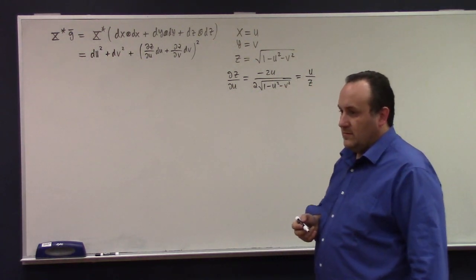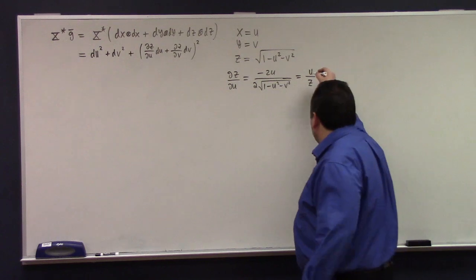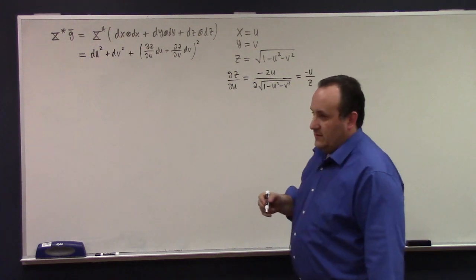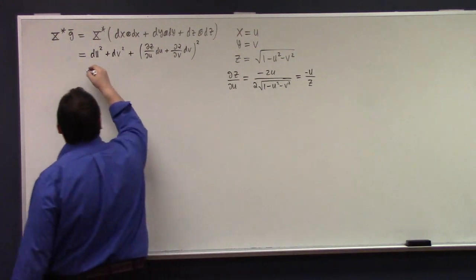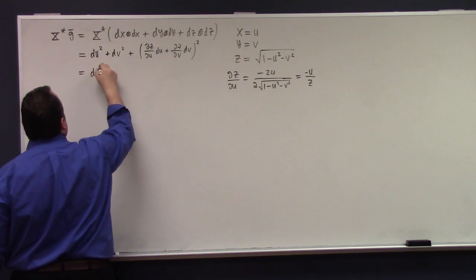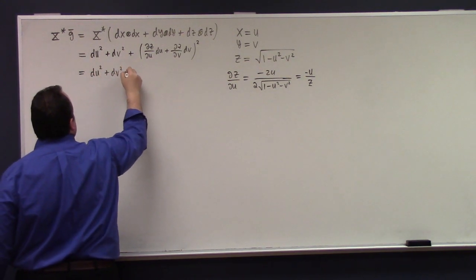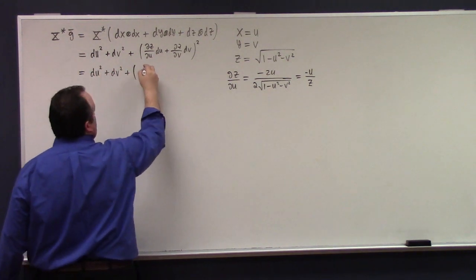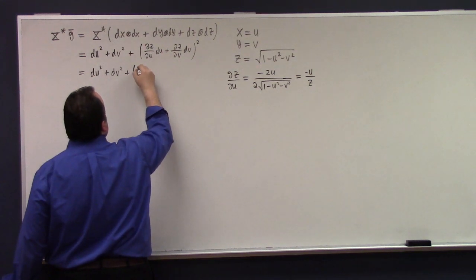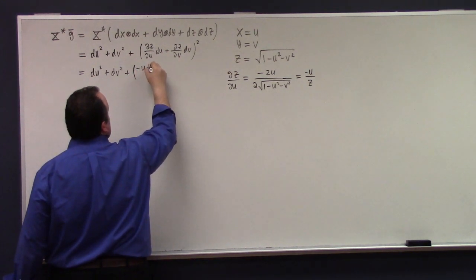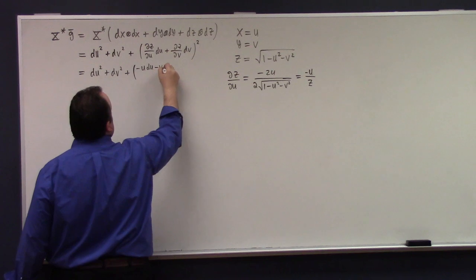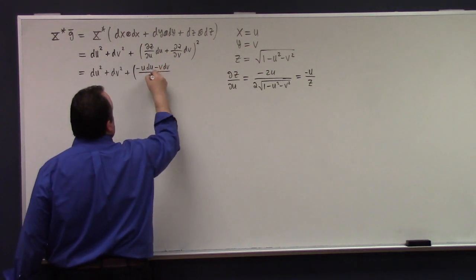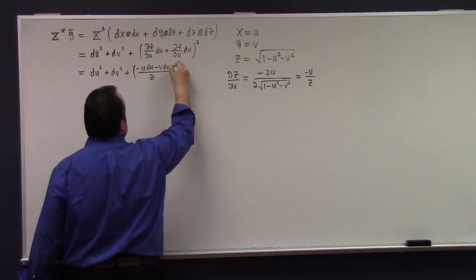Agree? Not minus. With a minus, thank you. So to save myself writing I think I've got du squared plus dv squared plus, well, minus u du minus v dv over z quantity squared.